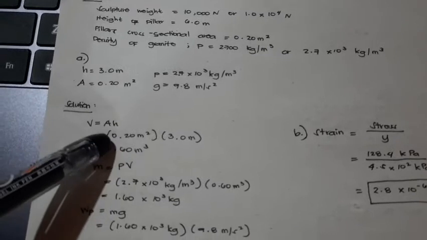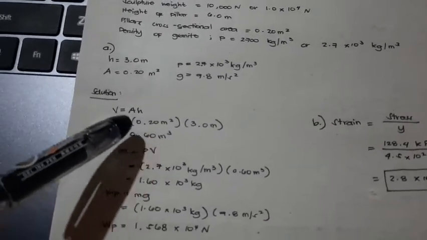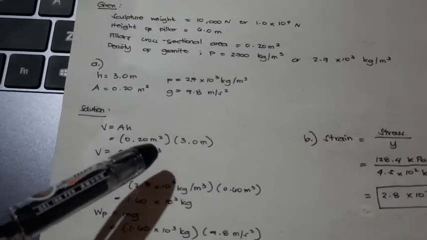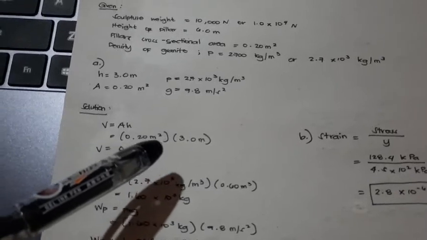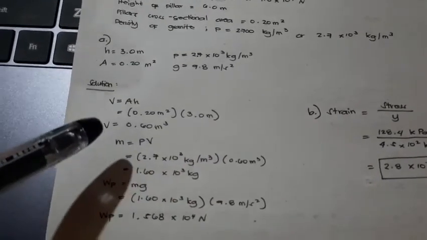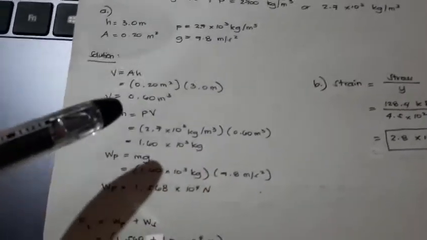So i-simplify, so 0.20 meter squared times 3.0 meter is equals to the volume of 0.60 meter cube.